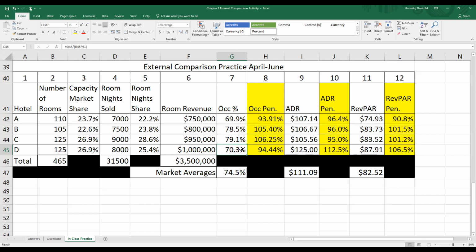And it also depends on the hotel and the goals of the hotel. We went to a luxury boutique hotel for a field trip. One of my friends is the director of sales, and one of my students asked if they would ever consider dropping their rate below a certain point.